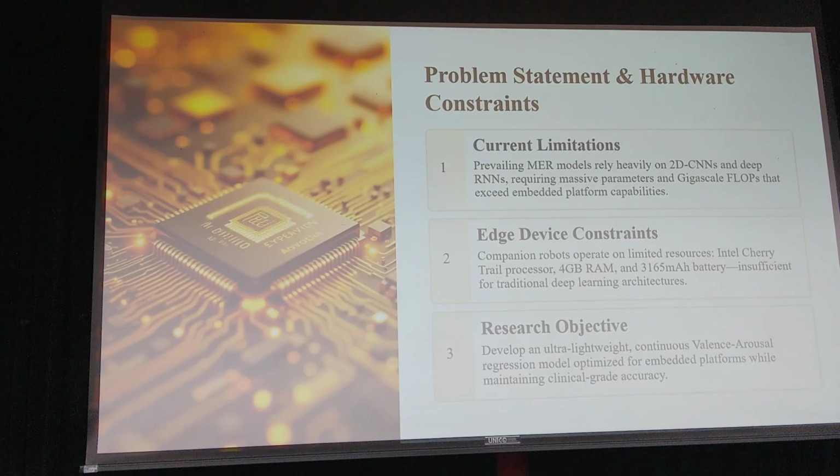Continuously running such computationally heavy models in the background will quickly deplete the robot battery and cause severe thermal throttling. Therefore, our primary research objective is to develop an ultra-lightweight regression model optimized for this platform without sacrificing accuracy.